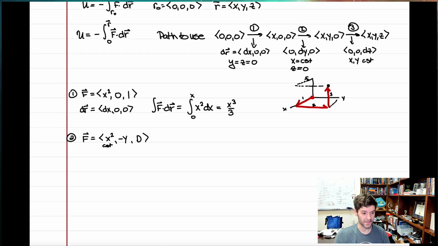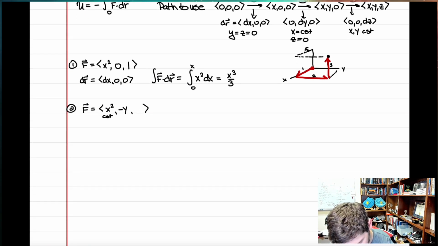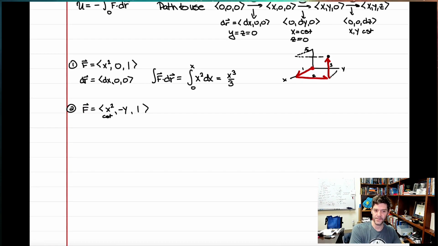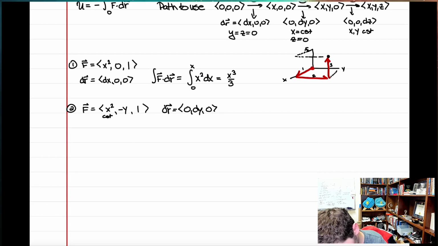Doesn't change our answer because the dot product still would have gotten rid of it. While z equals 0, z doesn't appear anywhere, technically. So x squared is a constant, and then you have negative y, which is what's changing, and then the z component is 1. But that's fine, because dr is going to be 0, dy, 0.